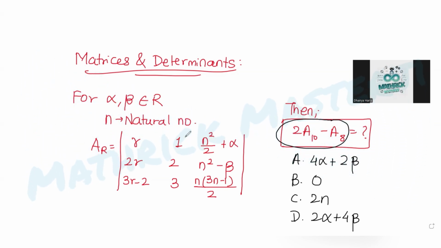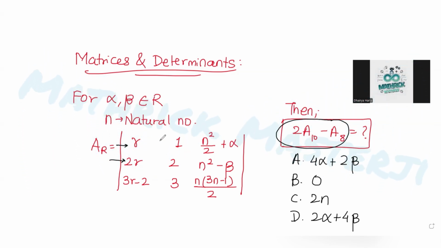Let's try to solve the question further. I want to find the determinant of this entire 3 cross 3 matrix. If I compare the first and second rows, r is half of 2r, and 1 is half of 2.